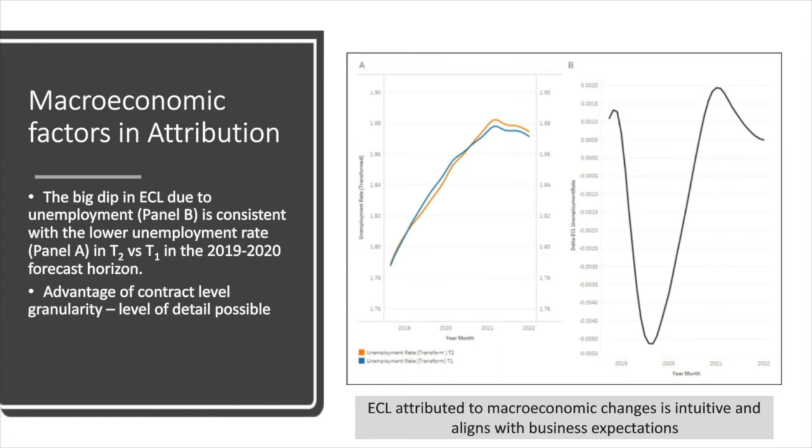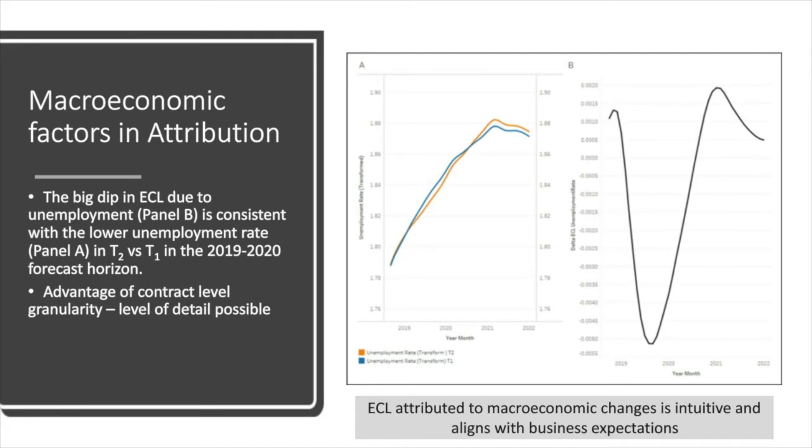And so correspondingly, when we calculate the ECL that is attributable to this unemployment rate change, you can see that pre-2020, there is a dip in the ECL, which is consistent with a lower ECL at time period 2. And post-2020, we see an uptick in the ECL variance, which is consistent with an increase in unemployment in time T2.